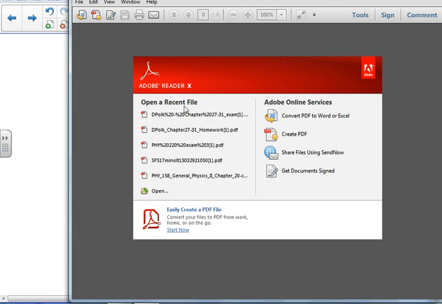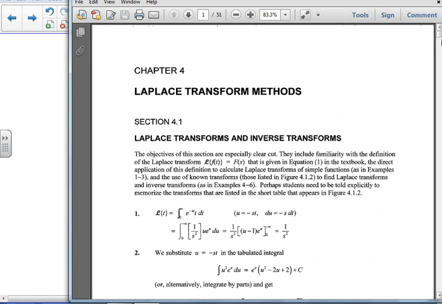What are we in, chapter 4? All right, so this is section 4.5, number 18.